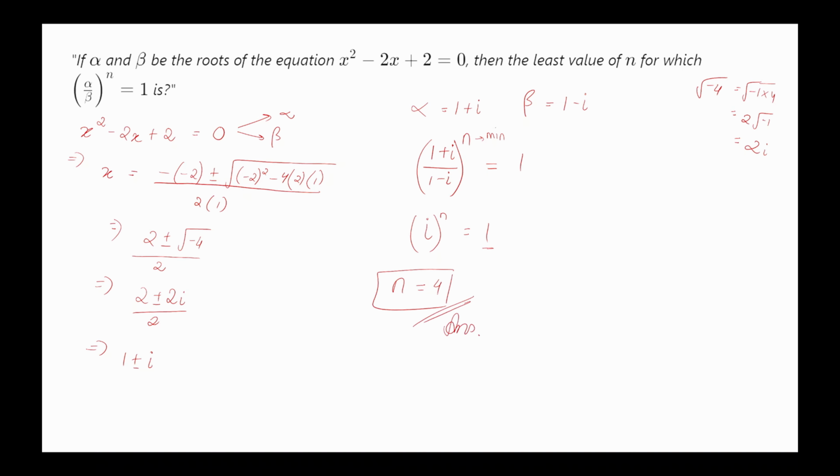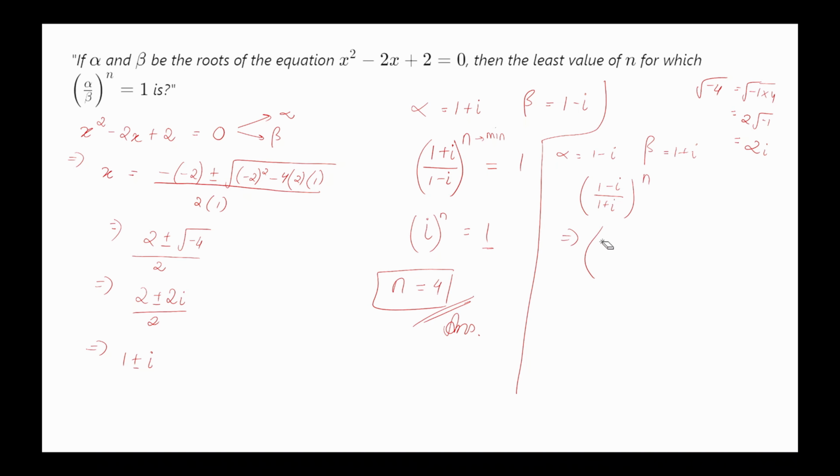So this is the minimum value at which I can get my value of (alpha by beta) to the power n as 1. Now let's say if instead of this you had assumed that your alpha is 1 minus iota and your beta is 1 plus iota, still you would have gotten the same answer. Your alpha by beta would have become (1 minus iota upon 1 plus iota) to the power n. So now again I'll try to remove the iota from the denominator.